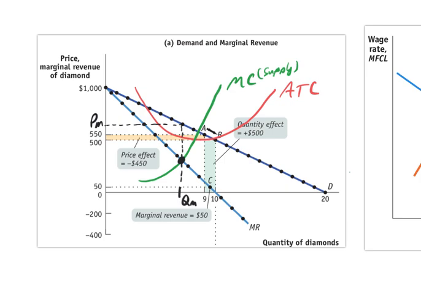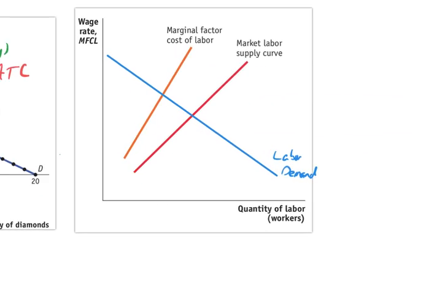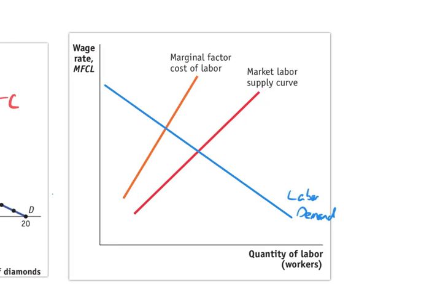Now I've added a demand curve to our monopsonist. Just like with the monopoly, where we did marginal revenue equal marginal cost, here we're going to do demand and where that intersects marginal factor cost.